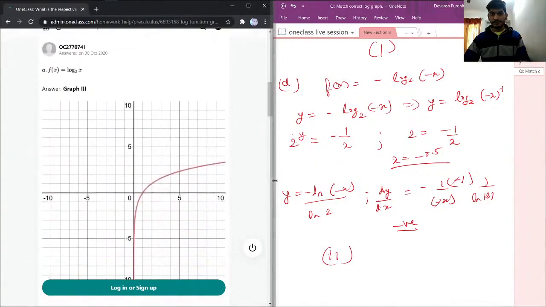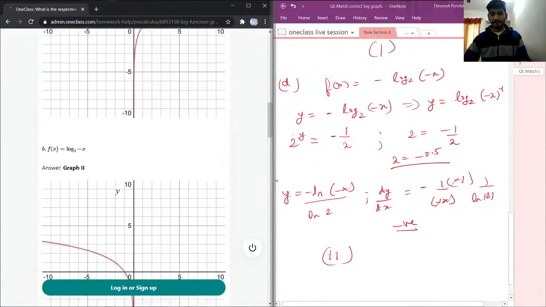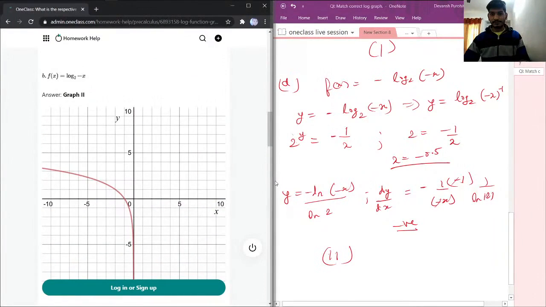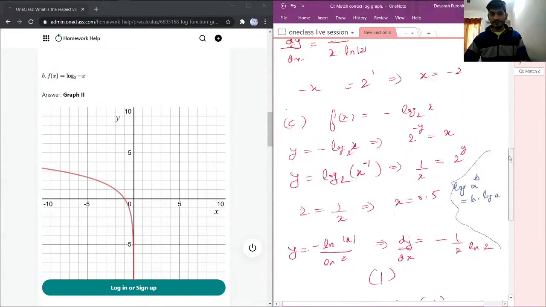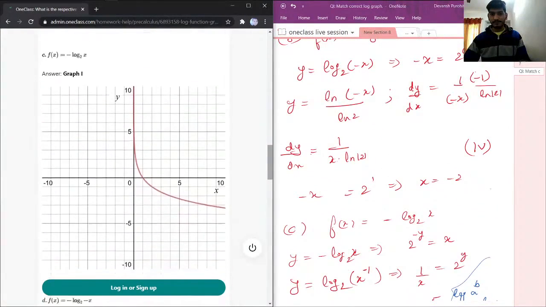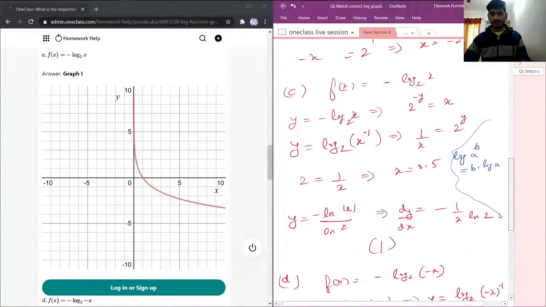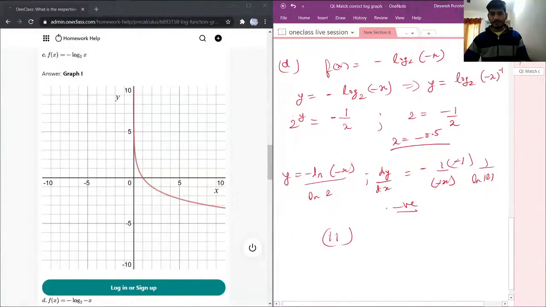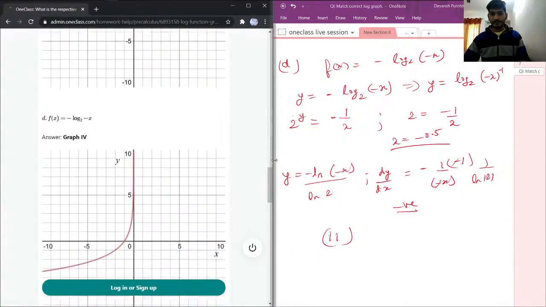And the solution given by the junior tutor is incorrect, because for B it will be graph number 4, for C it will be graph number 1, and for D it will be graph 2.